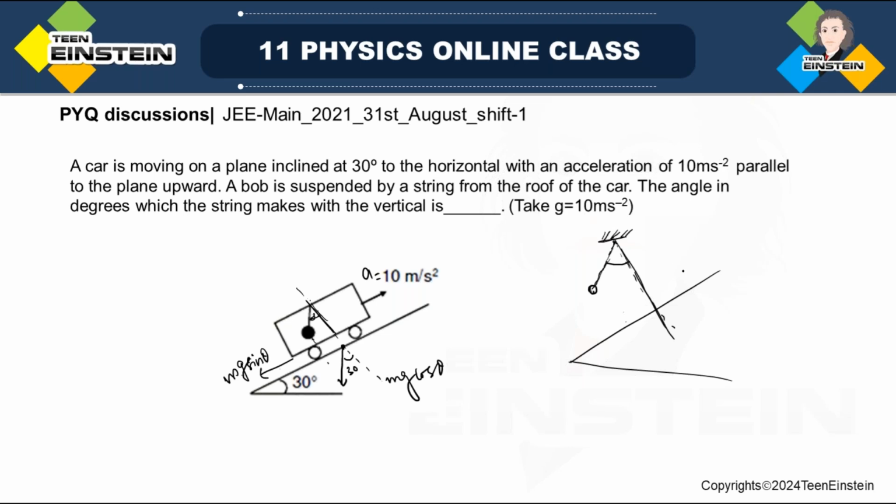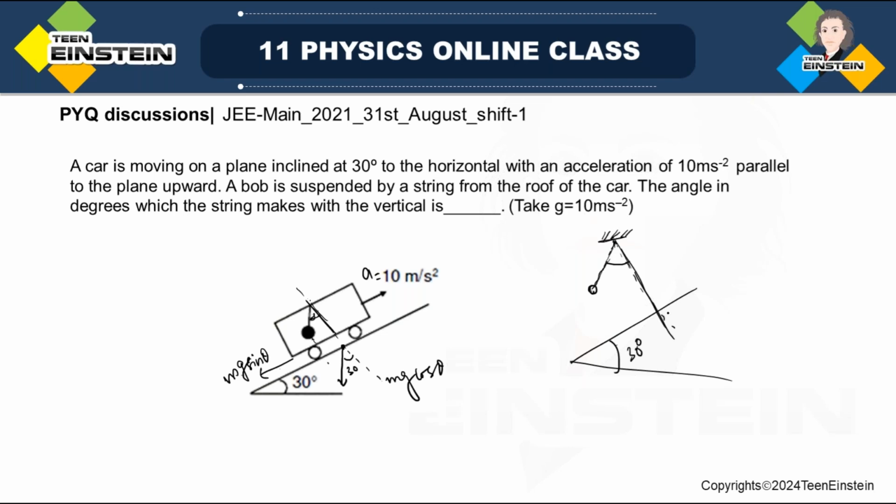The original vertical will be like this as I had drawn earlier. Let me just draw it once again. This is 30 degree.